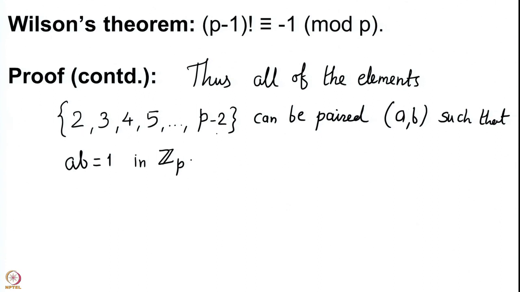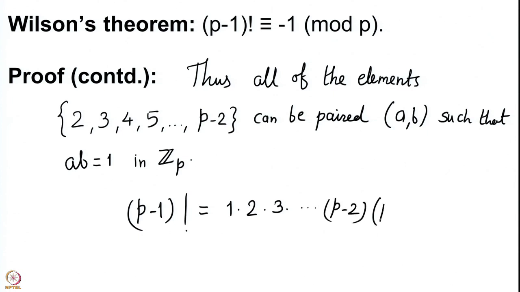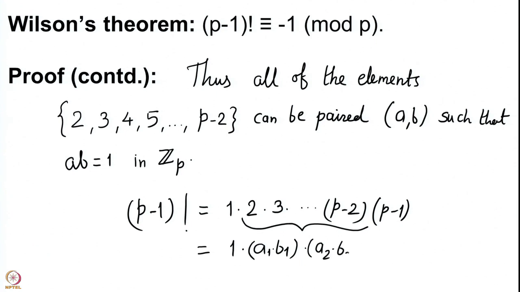So, when I take the product (p minus 1) factorial, this is 1 into 2 into 3 and so on up to p minus 2 into p minus 1. So, these elements have been paired as a1 into b1, where a1 and b1 have the property that their product is 1 in Z_p, a2, b2, so on up to ar, br.